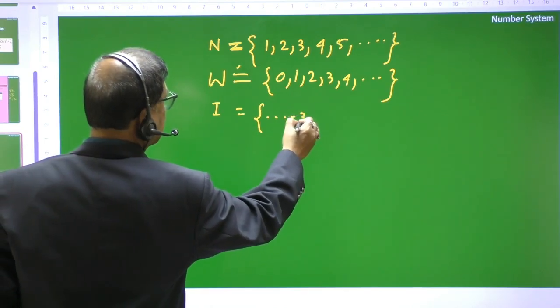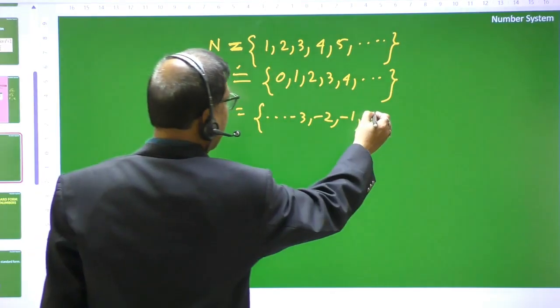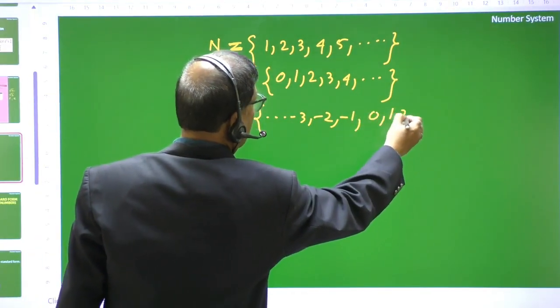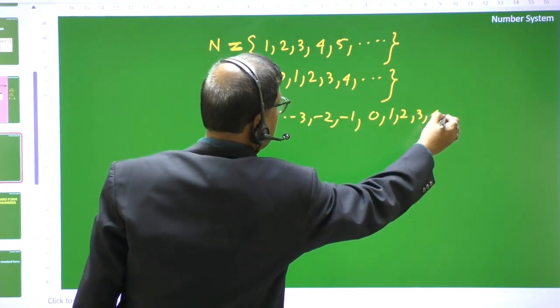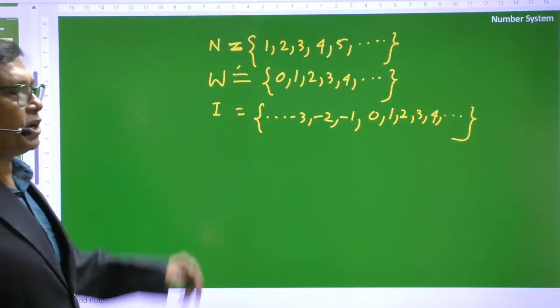Say -3, -2, -1, negative integers: when we are adding them in this group, we get a new number system, that is integers.